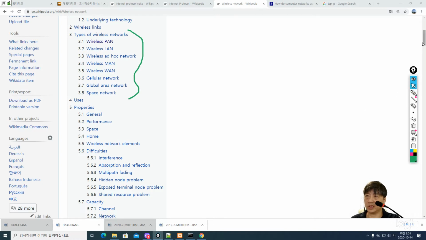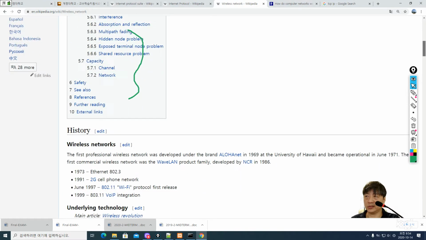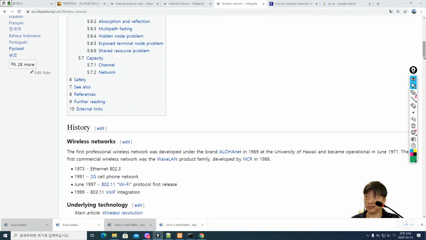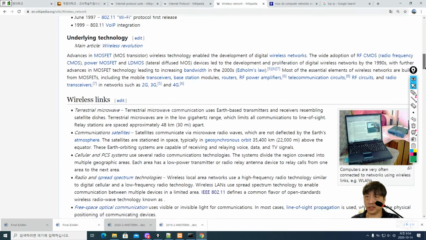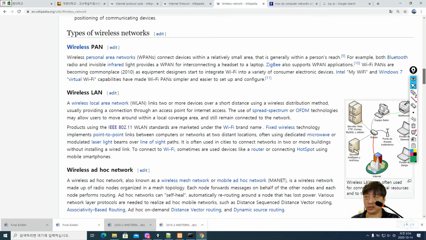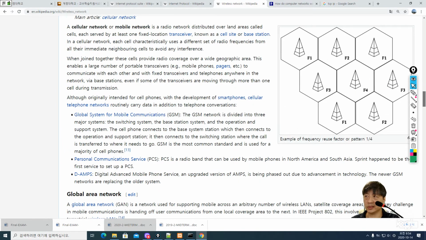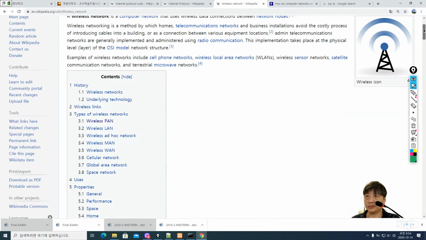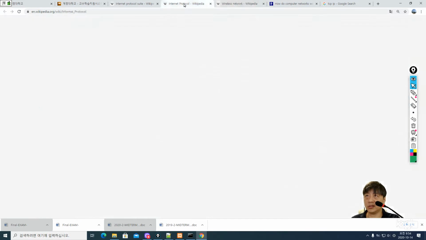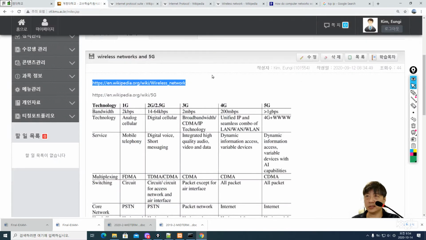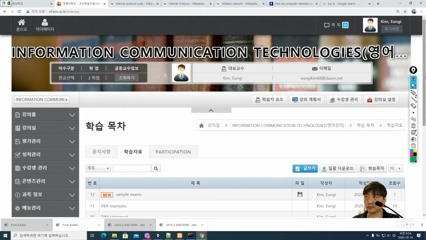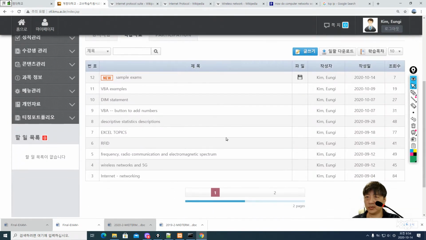Okay, the coverage, the speed, and I would pay attention to 802, whatever the IEEE protocol it uses, that type of thing. Okay, so you wanna take a look at this. And let's look at number 5.